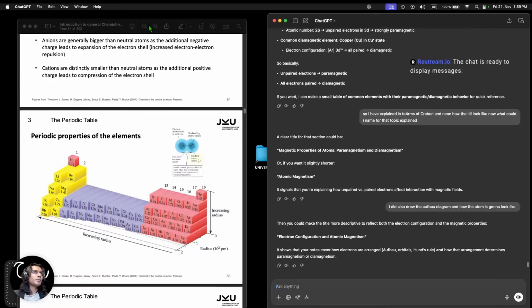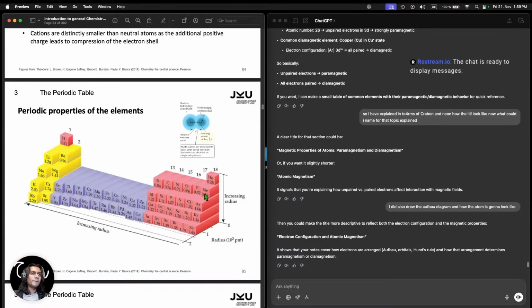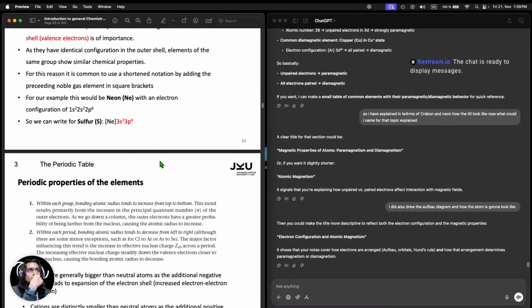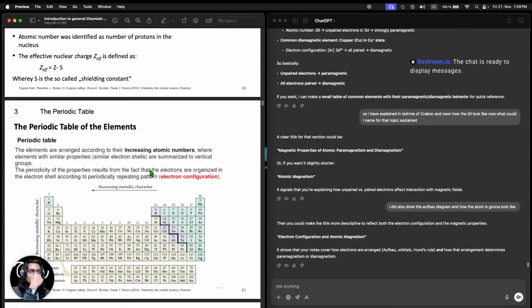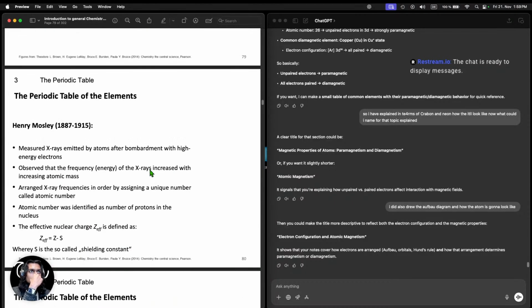So I do remember reading the periodic table yesterday. Now, it's the more important part. How can I summarize the whole thing into my tablet? You know what?